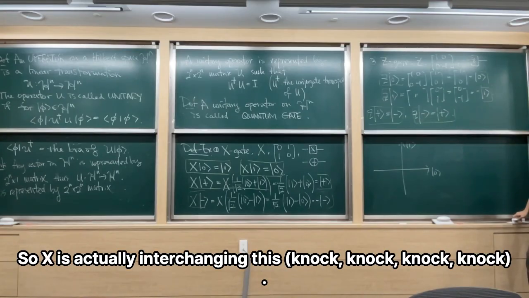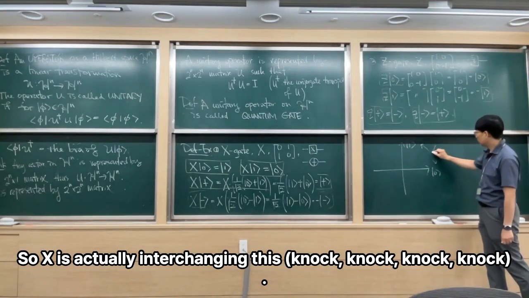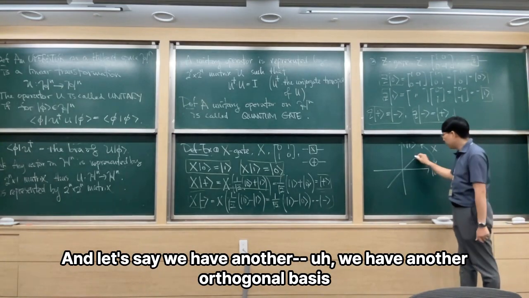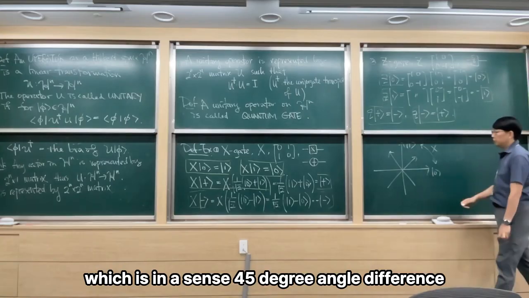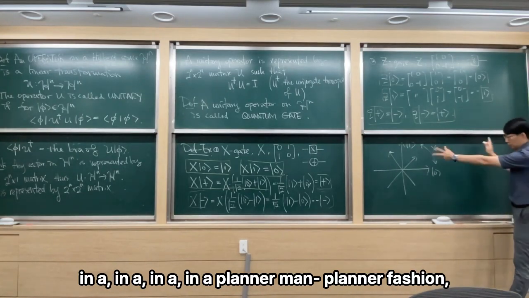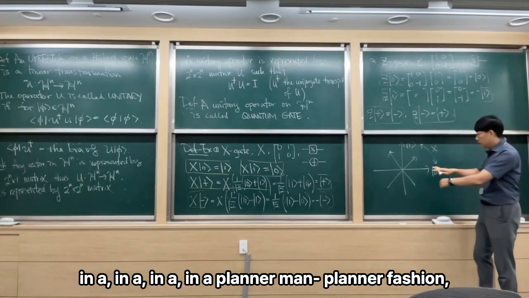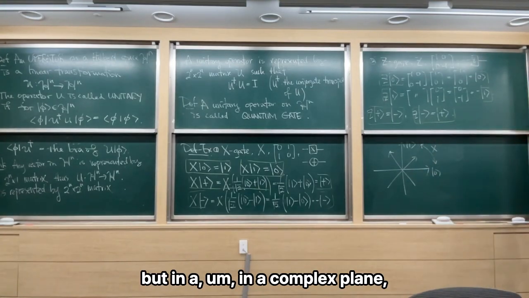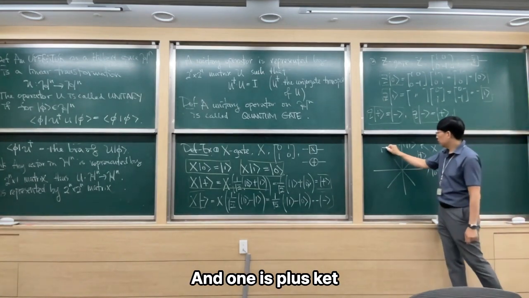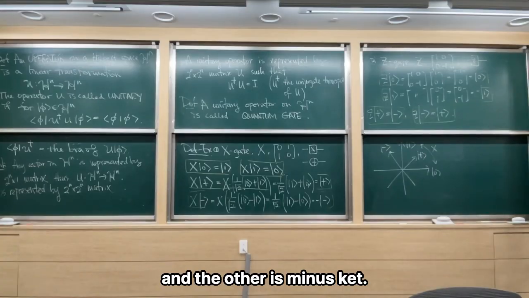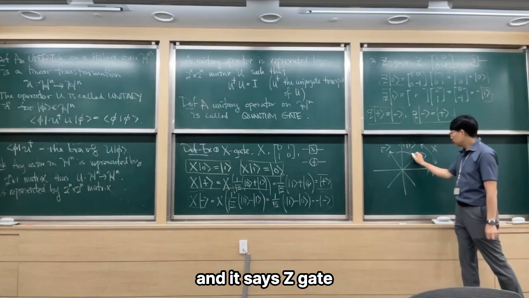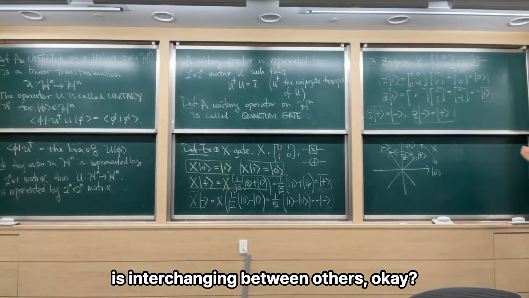Okay, so X is actually interchanging these, and let's say we have another orthogonal basis, which is in a sense a 45-degree angle difference, not in a planar fashion, but in the complex plane. One is plus ket and the other is minus ket. These are also another basis which is orthogonal to each other, and Z gate is interchanging between the others.